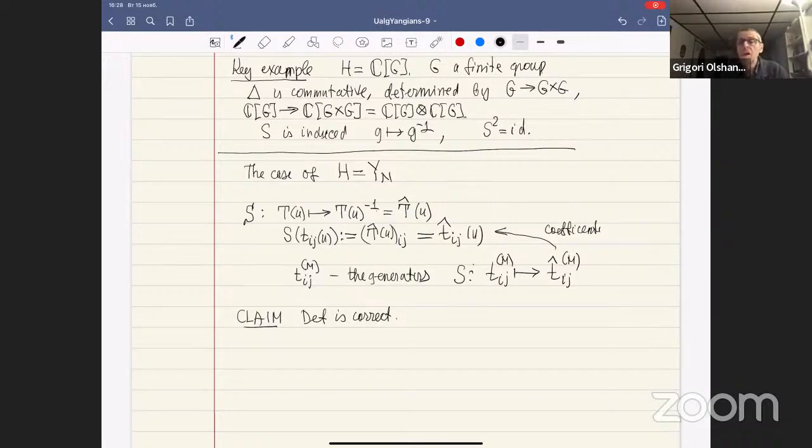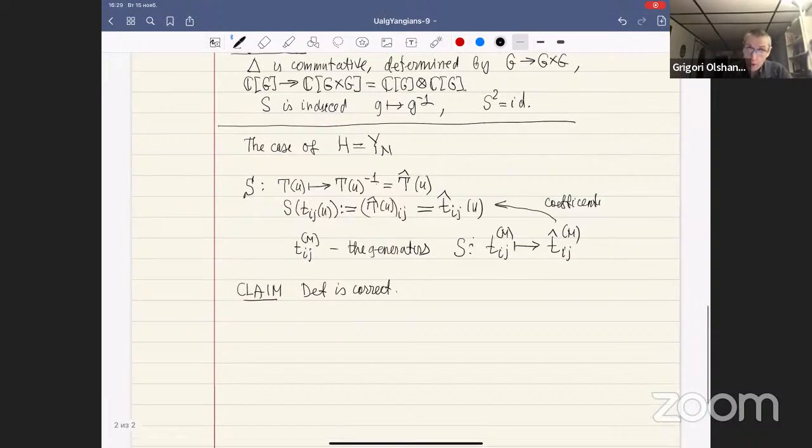This prescription must be compatible with the defining relations in order to get an anti-homomorphism. So the idea of proof is to use, as usual, our fundamental RTT relation.